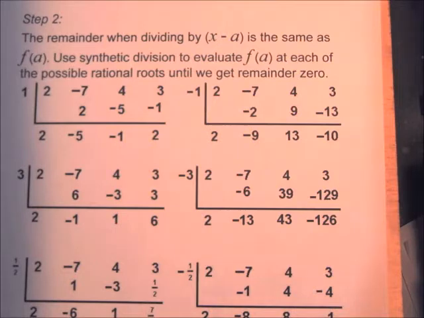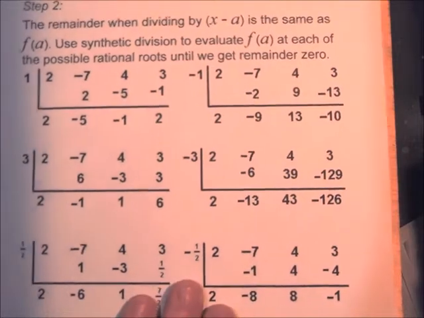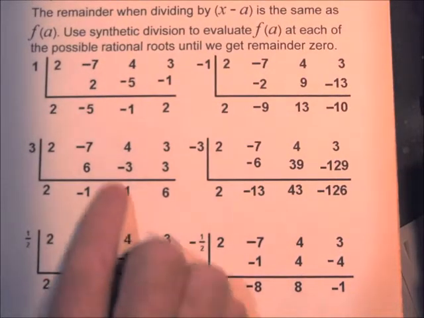I'm just going through the list as it was written. Sometimes if you have some intuition about where the rational root might be, you don't necessarily have to take these in order. You can try a root that you think is more likely. I'm just going to take these in order.